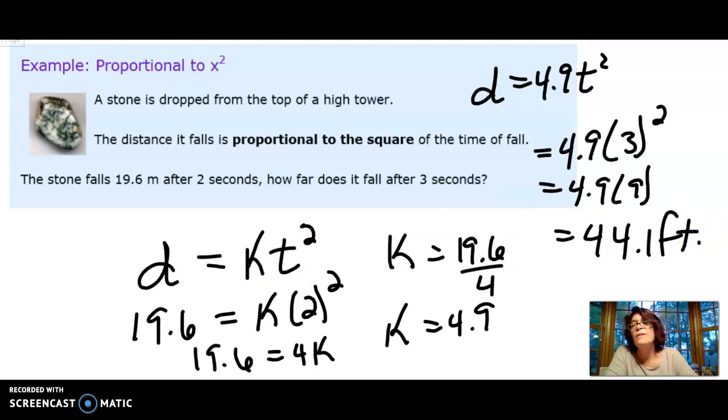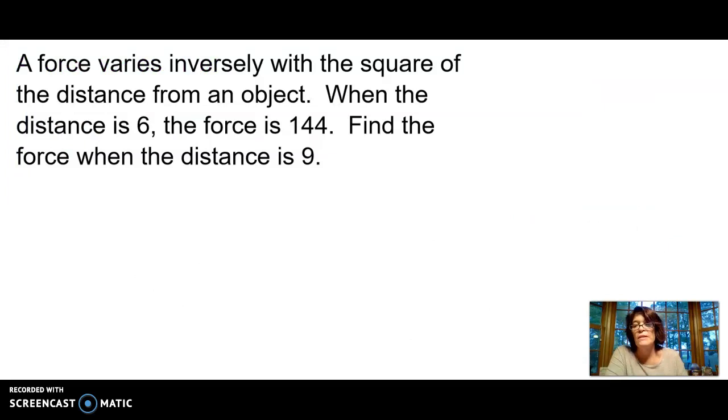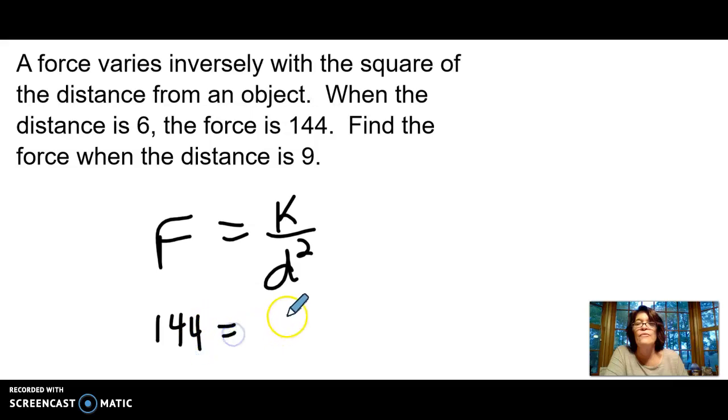Okay, these are just some examples. A force varies inversely with the square of the distance from an object. When the distance is 6, the force is 144.